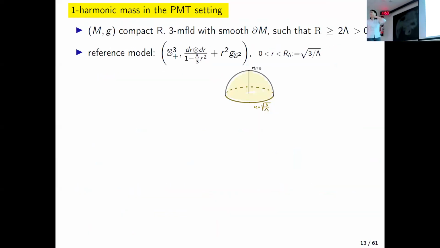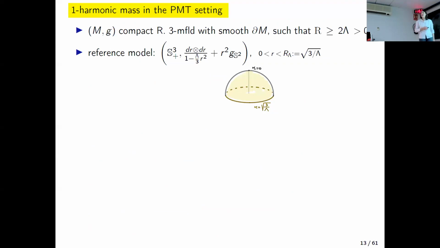So first of all, let me recall what the setting is. You take a Riemannian compact manifold with smooth boundary, and you suppose that the scalar curvature is bounded below by 2 lambda, with positive lambda. So first of all, what is the reference model that I've already mentioned many times, but let me rewrite it here.